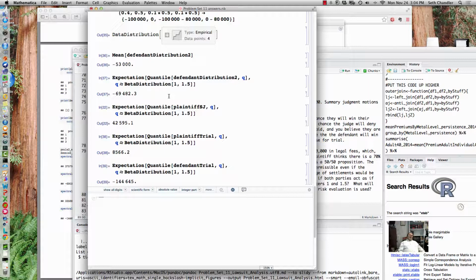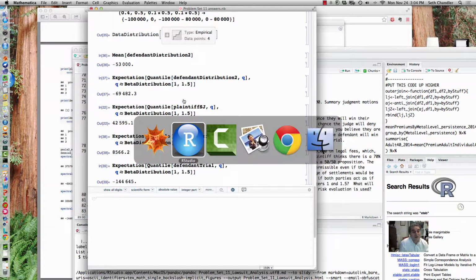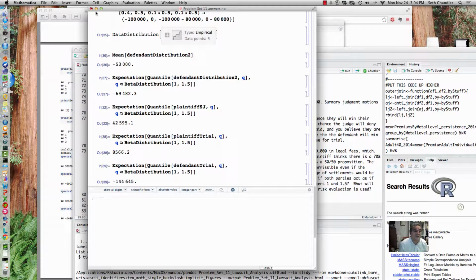And I am going to post the answers in R so that we have enough time to look at networks, because I do want you to see them, because they're really kind of cool. So this is going to be a Mathematica day, because we're going to do networks in Mathematica. Save.